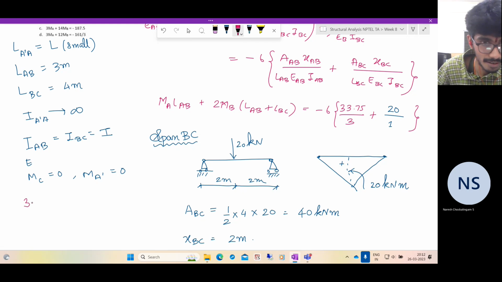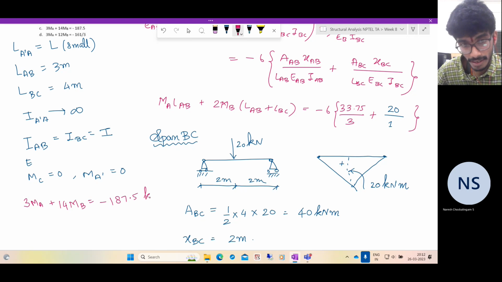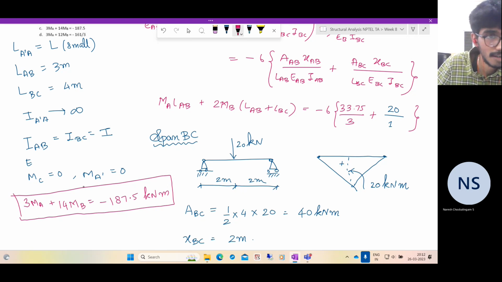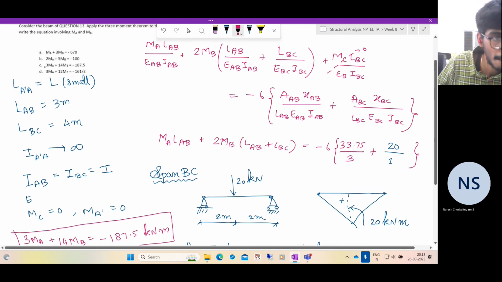LAB is 3, LBC is 4, so 3 MA plus 14 MB is equal to minus 67.5 plus 120, which is minus 187.5 kilonewton meter. So the answer is option C.